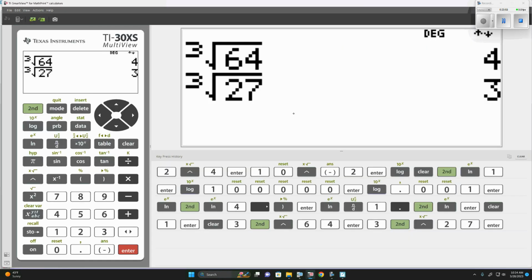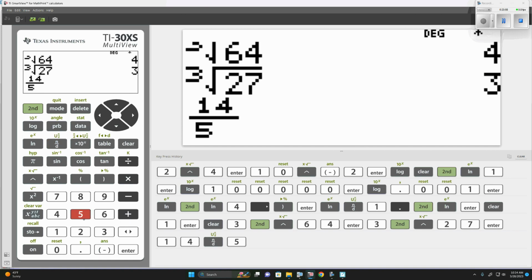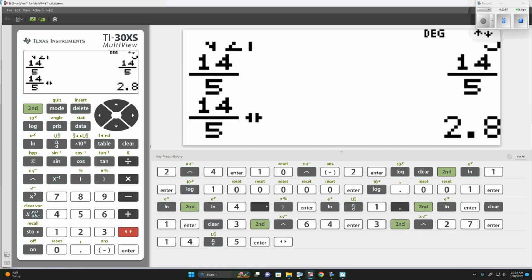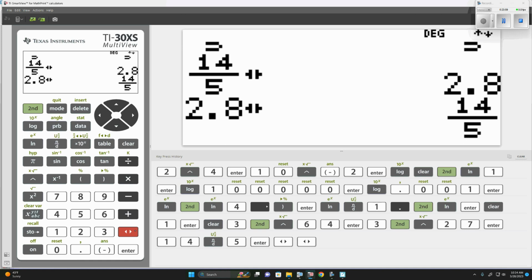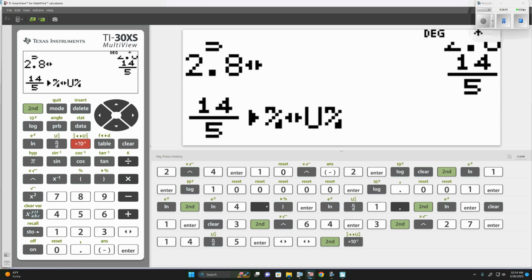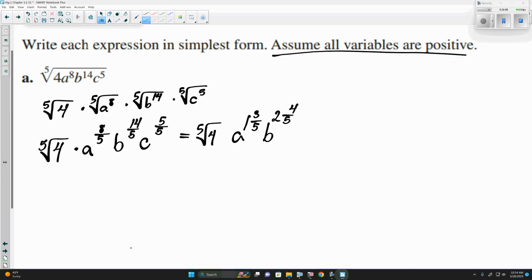Now we could do this in a calculator, 14/5 is 2.8. So we're seeing how many times we can take 5 out of 14. We can take it twice. 5 and 5 is 10. So we take 10 away and have 4/5. C to the first, yes?